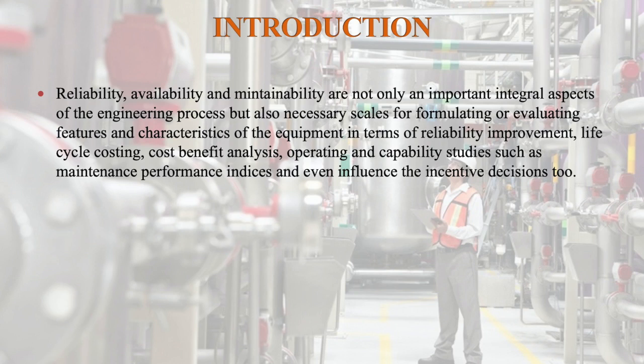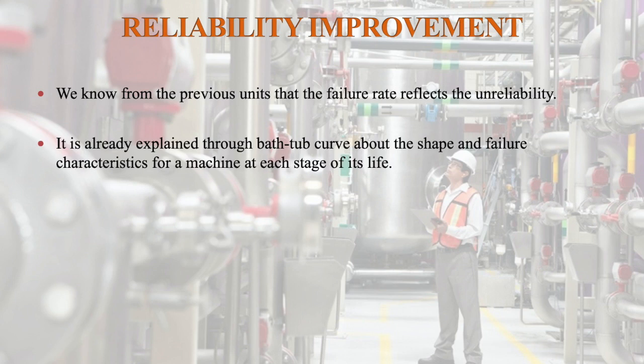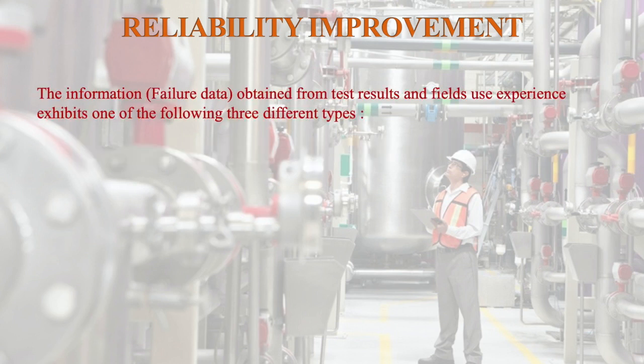Reliability improvement. We know from the previous units that failure rate reflects the unreliability. It is already explained through the bathtub curve about the shape and failure characteristics for a machine at each stage of its life. The information obtained from test results and field use experience exhibits one of the following three different types we will be learning here.